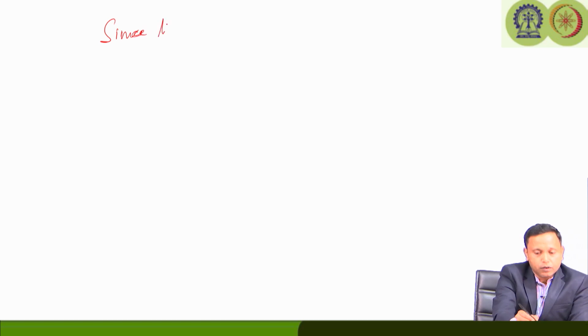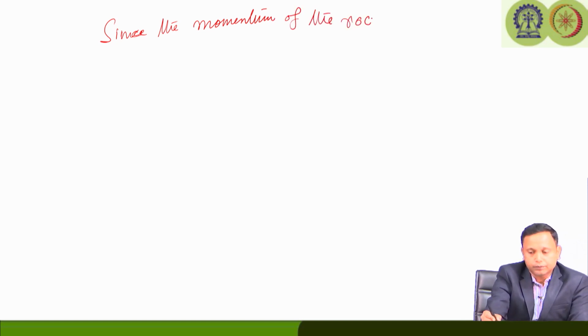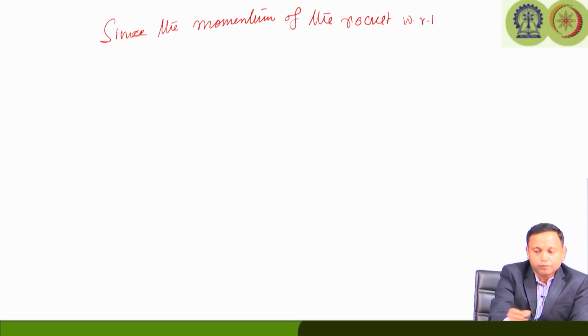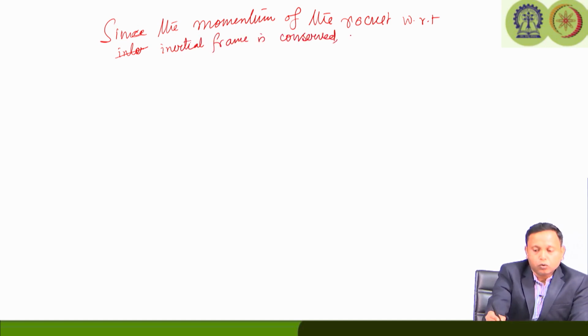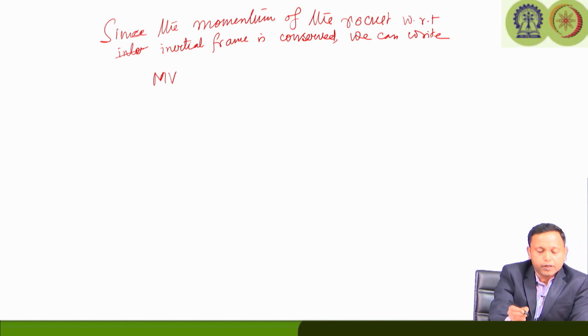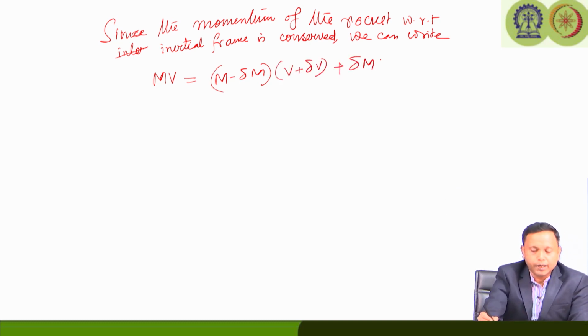Since the momentum of the rocket with respect to the inertial frame is conserved, we can write the momentum of the rocket at time instance tau, m times v, equal to m minus delta m into v plus delta v, plus the momentum due to the ejected mass, delta m into its velocity v plus delta v minus v j.